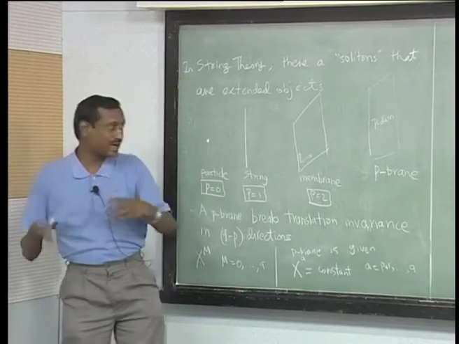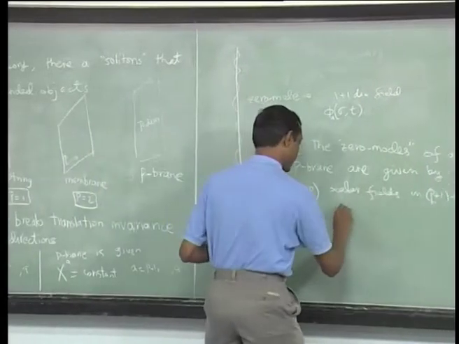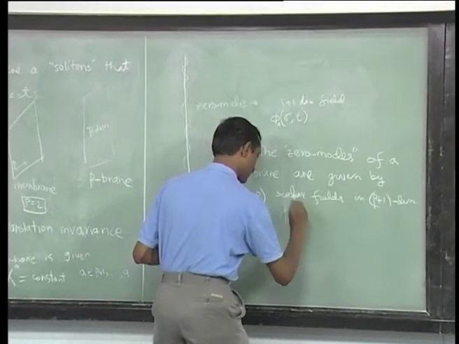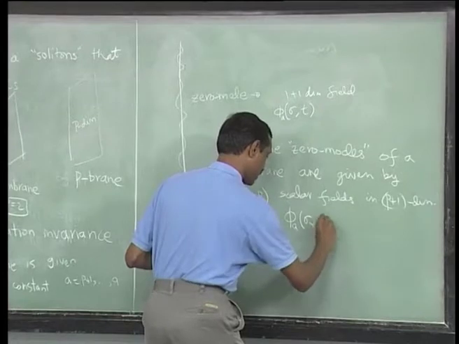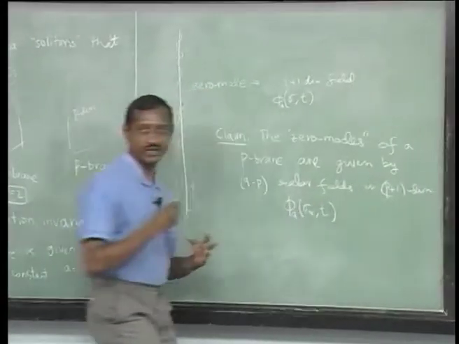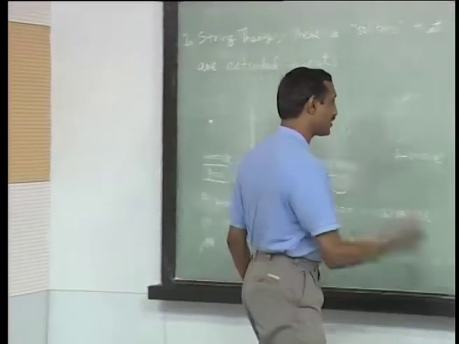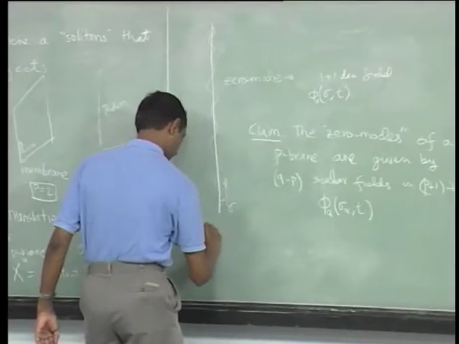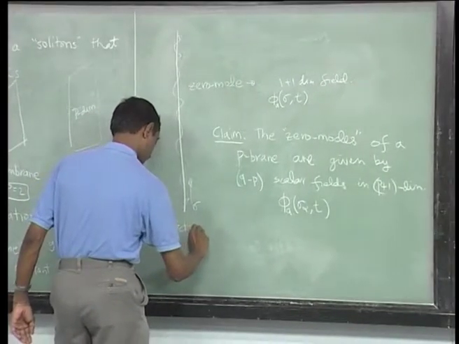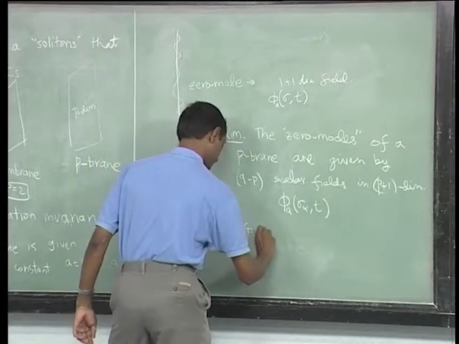So you will write Lorentz invariant combinations of these phi a's, which are functions of sigma alphas and t, where sigmas are the coordinates on this thing. So we could write some effective action for this scalar field.